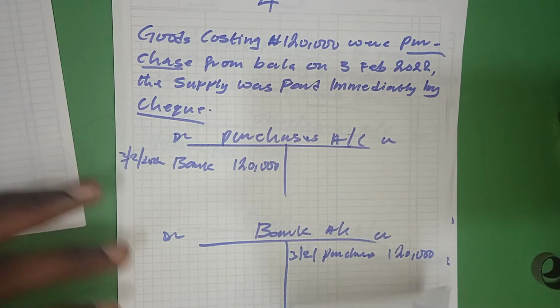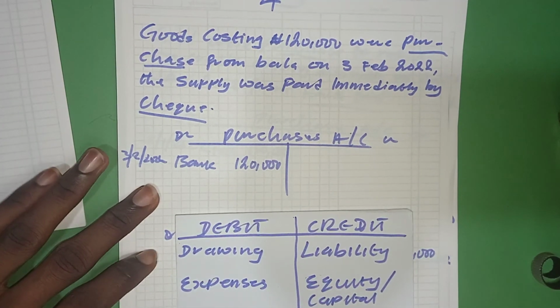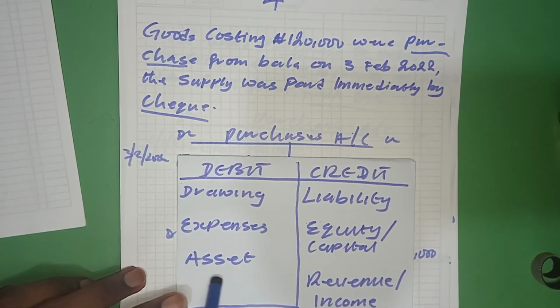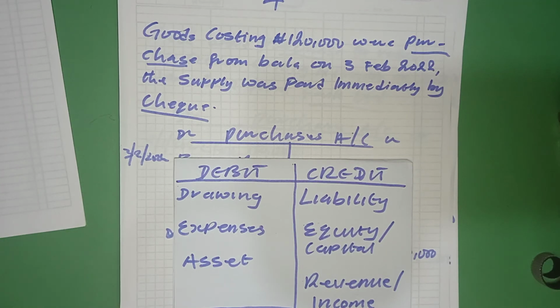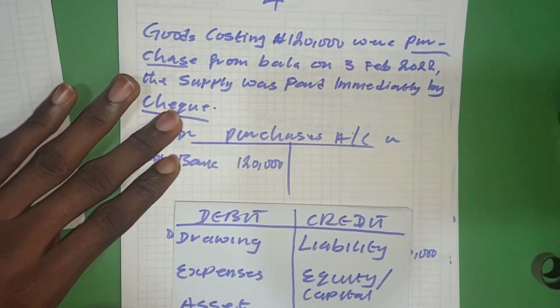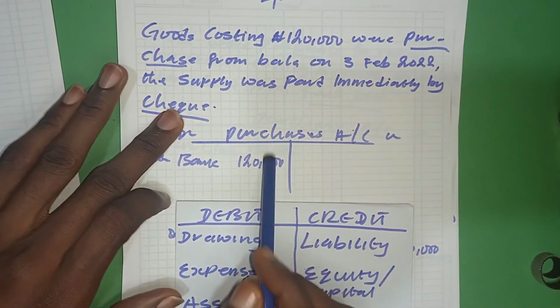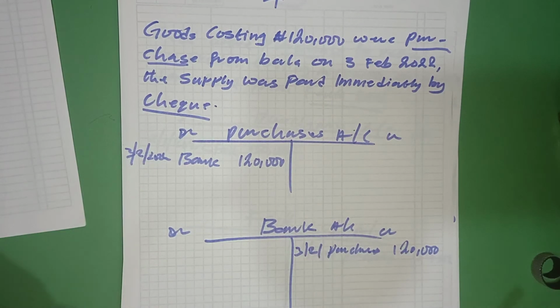Do you understand that? When you are stocking up, when you purchase, your asset is increasing. Your bank is reducing.